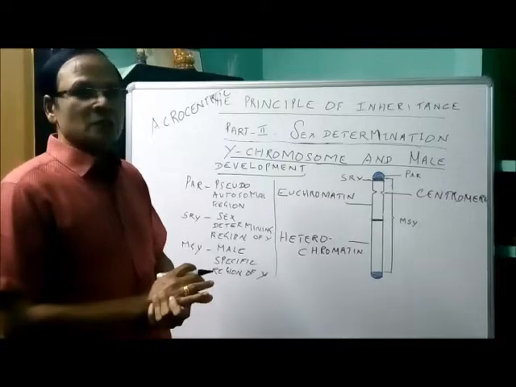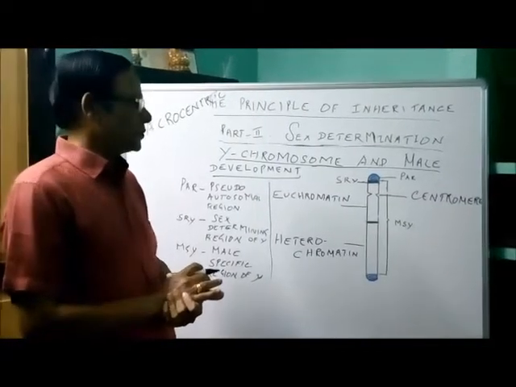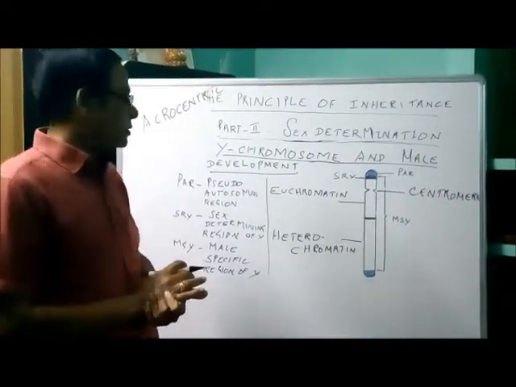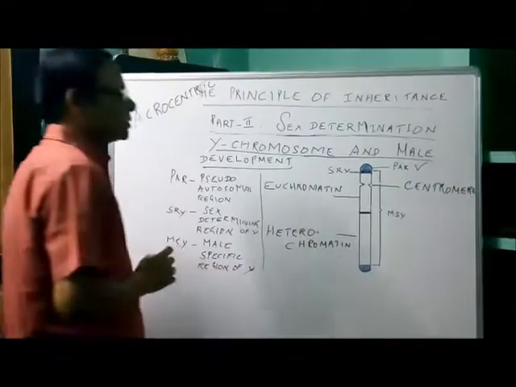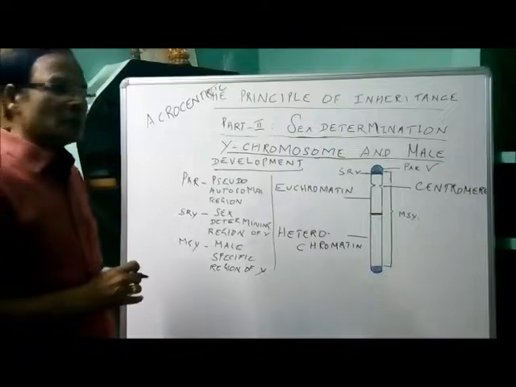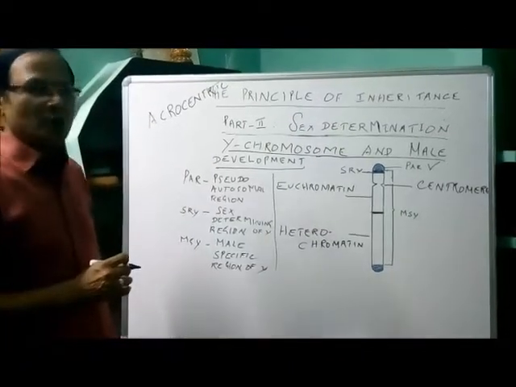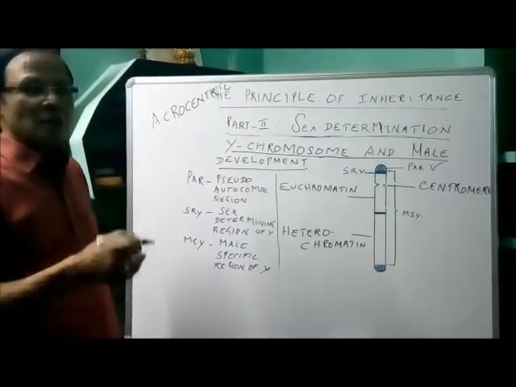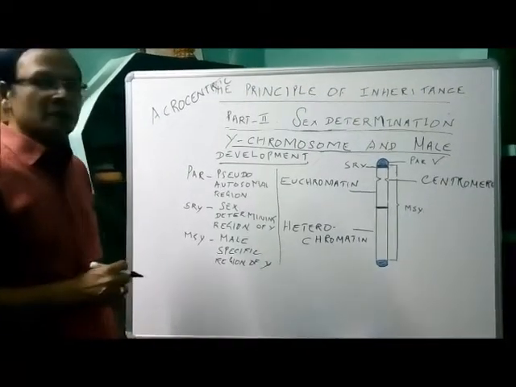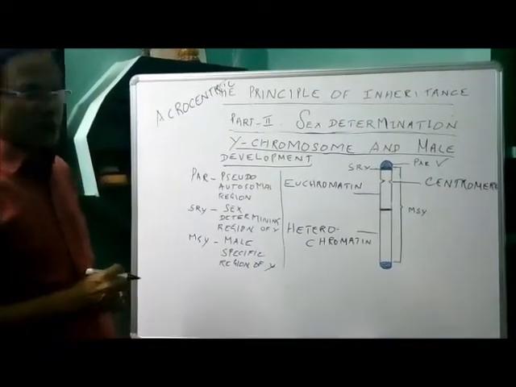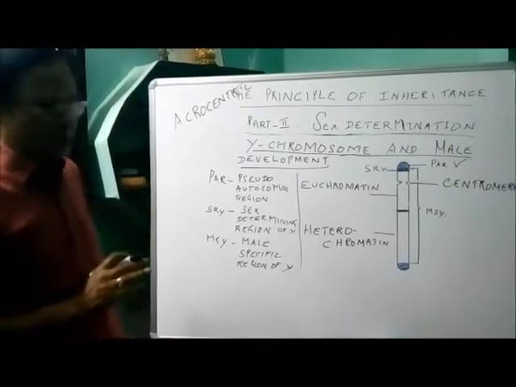Those regions which are homologous to the X chromosome are called pseudo-autosomal regions, PAR. Normally, the X-linked genes and Y-linked genes are not homologous; there is no homologous counterpart.